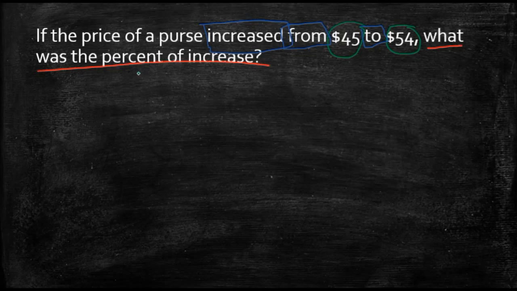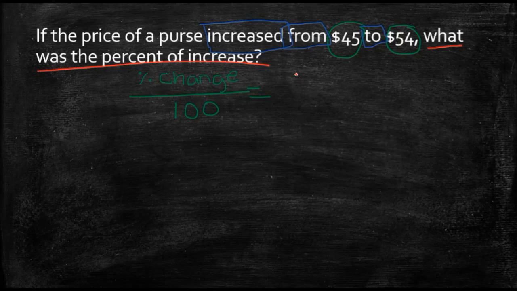So from our original notes, we know that percent change goes on the top of our proportion. 100 goes on the bottom, just like it always has. An equal sign, right? Because this is an equation.